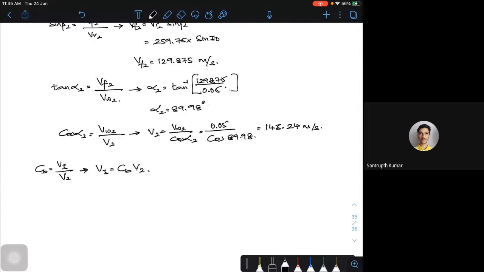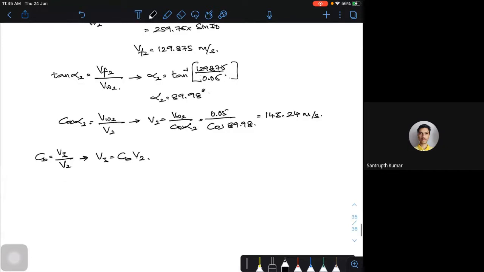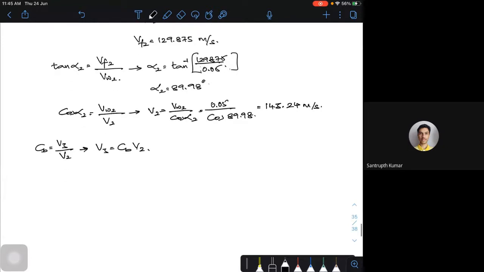This is a slightly open-ended kind of problem. So I can write 0.9 into 143.24, which is around 128.916 meters per second. So I got my V3.